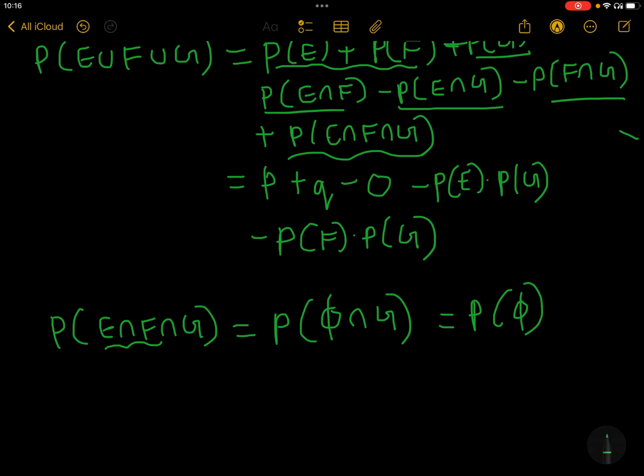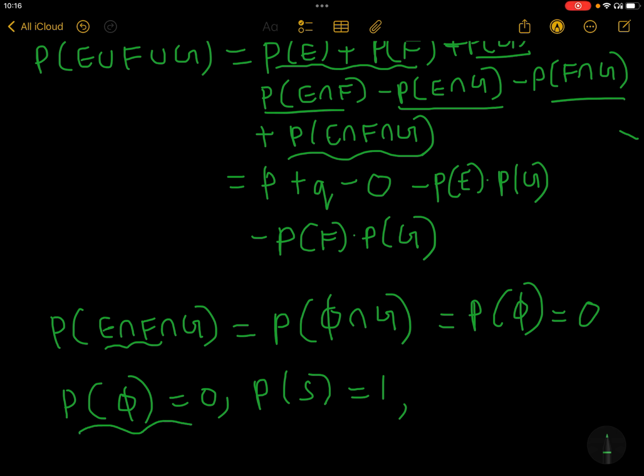We know that P of null set is always 0. Also P of sample space is equal to 1. Therefore P of E intersection F intersection G is 0. So we can write plus 0.